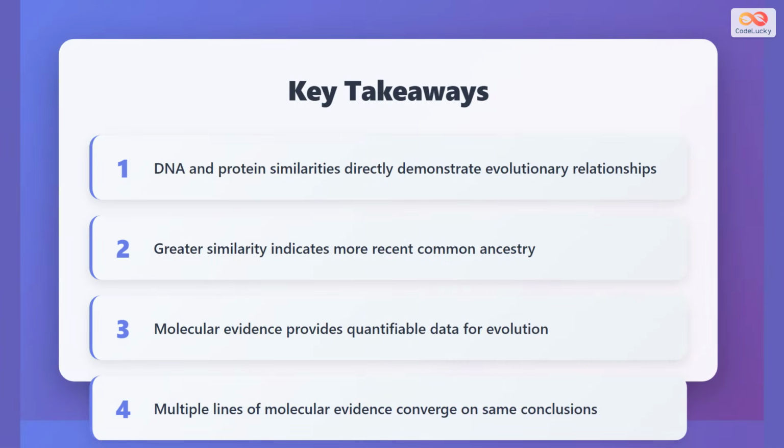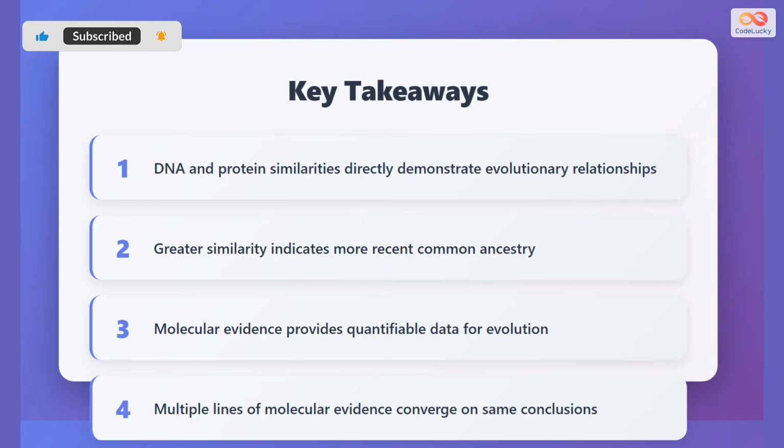Let's summarize the key points about molecular evidence. First, DNA and protein similarities directly demonstrate evolutionary relationships between organisms. Second, greater similarity indicates more recent common ancestry, giving us a clear measure of relatedness. Third, molecular evidence provides quantifiable, objective data for evolution that can be measured and tested.